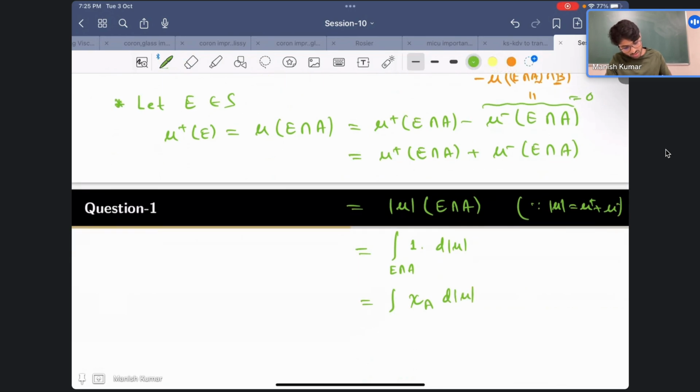What it says is that you are integrating chi of A, I mean 1, over this set. So this is x, this is A, this is B, and let's say this is your set E. So you are integrating over E intersection A, this part.